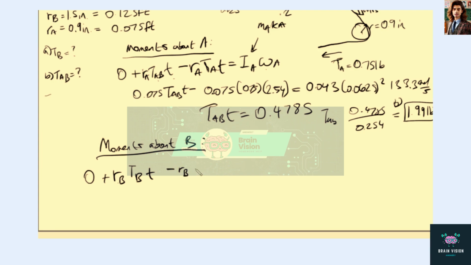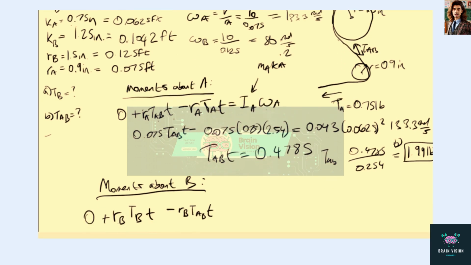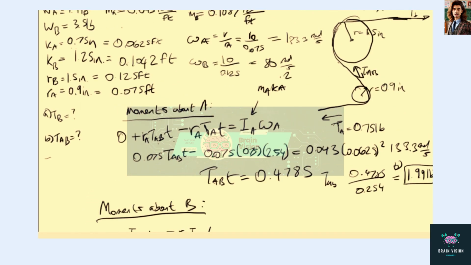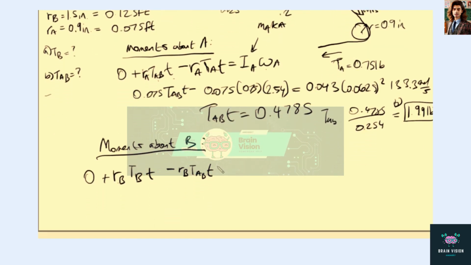We have RB times TAB times T, because this tape is also creating a tension in the opposite direction. And this is all equal to MB KB squared times omega B.